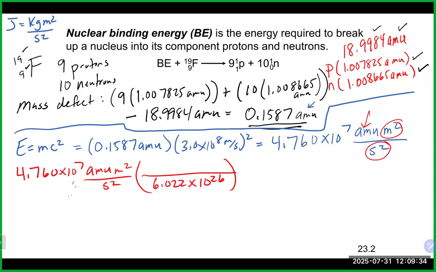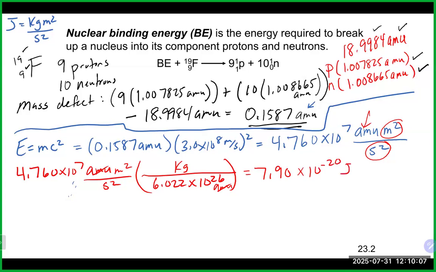It's 26 because 23 is grams, so Avogadro's number to the 23rd is grams; move it 3 places and it makes it kilograms, so it's 26. The AMU will cancel out here, and we will end up with 7.90 times 10 to the minus 20 joules.